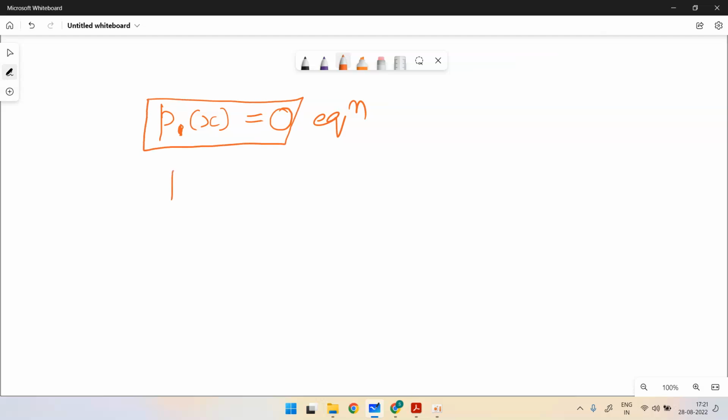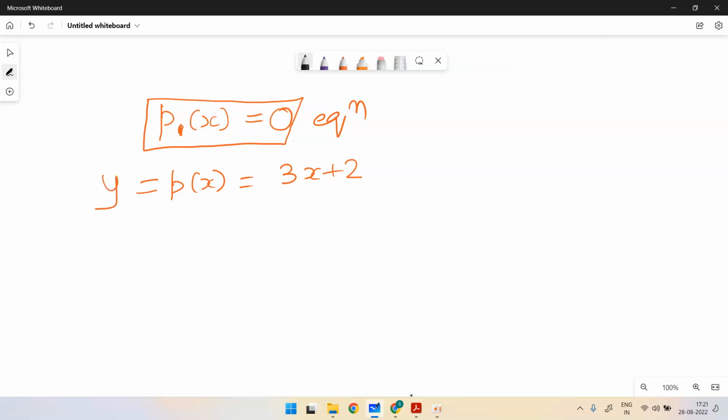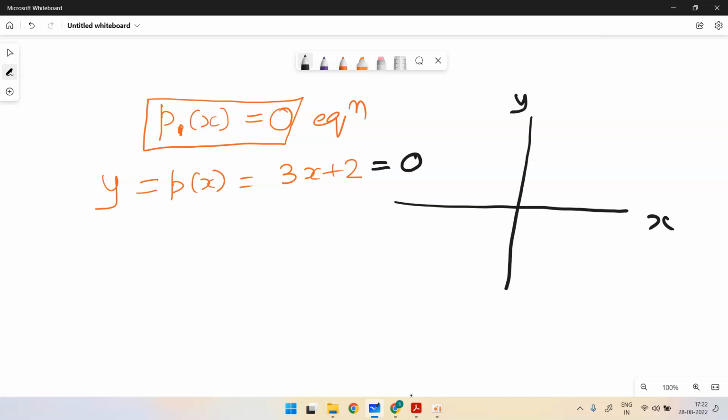Let us suppose that px is 3x plus 2. If you take px equal to y and you draw the graph of this, this is the x-axis, this is the y-axis.